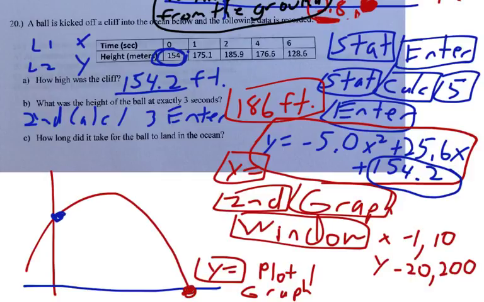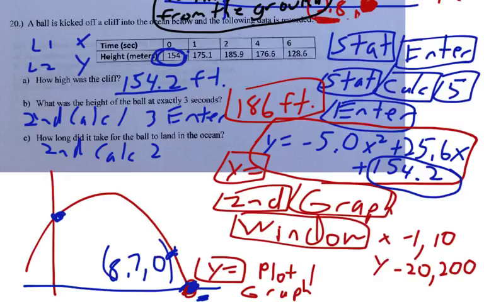That's the 0 of my function. So second calc 2, and then left bound, right bound, and then guessing right where it is, and I got my x value is 8.7 about, comma 0. I just care about the 8.7. So that would be 8.7 seconds.